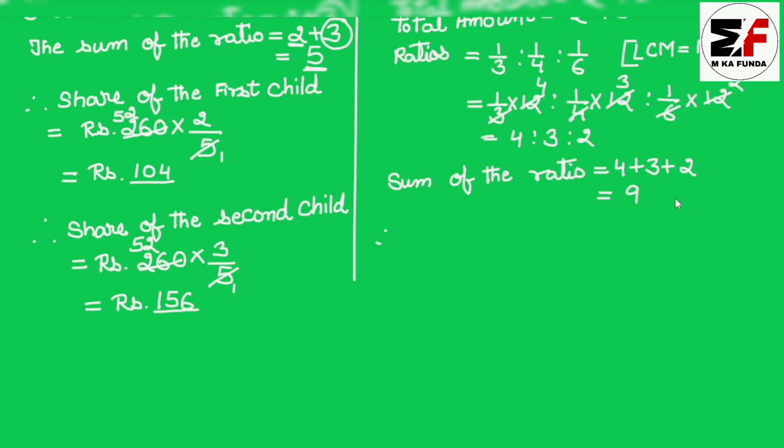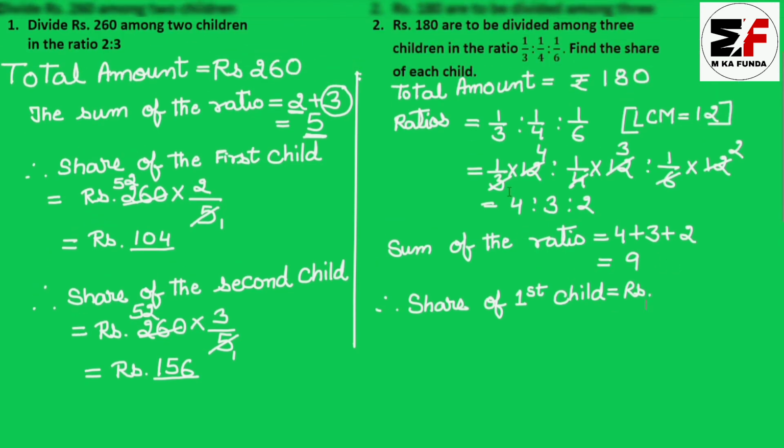Now again, therefore, share of first child, it will be equal to rupees, what was the total amount? Let's check. 180.